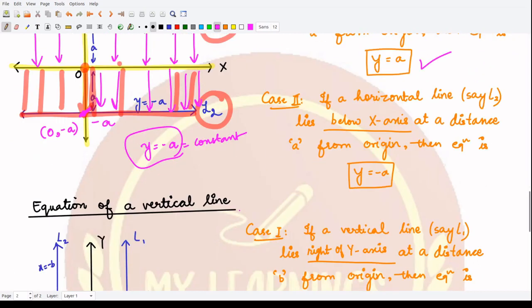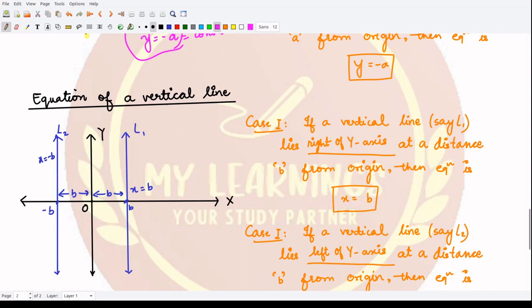Next, let's see the equation of a vertical line. If we have x and y as our coordinate axes, and some line L1 lying to the right of the y-axis, at distance b from the y-axis, at every place it is at distance b. So what are the coordinates of this point?